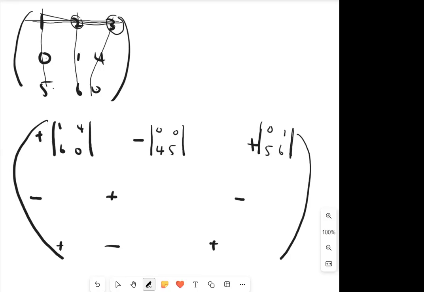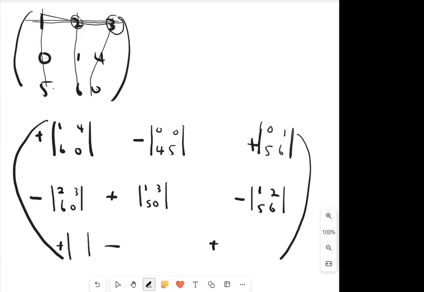And when you watch back this video, you could watch right now, and tell me if I'm right. Down here, the minor matrix is going to be 2, 3, 6, 0, right? Down here, you're going to have 1, 3, 5, not. Down here, you're going to have 1, 2, 5, 6.